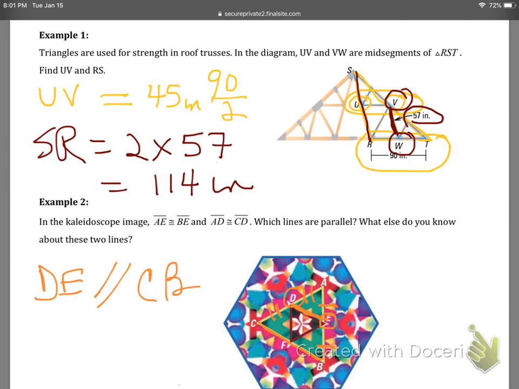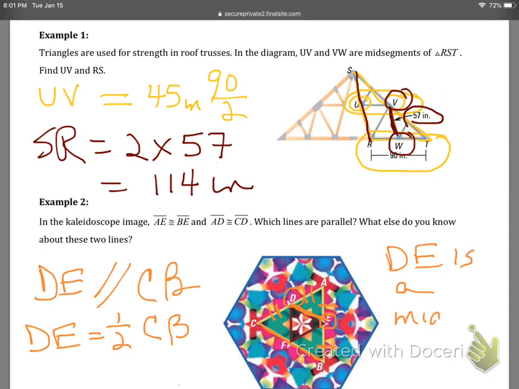I know that DE equals 1/2 CB. I also know that DE is a mid-segment. Mid-segments connect midpoints. So that's what I know about those lines that were identified. Okay, let's go on to the next example.